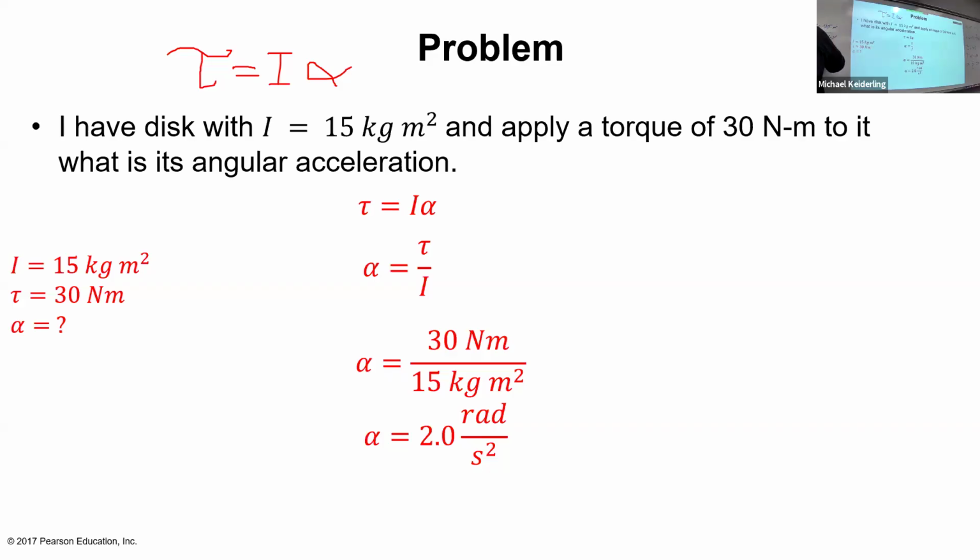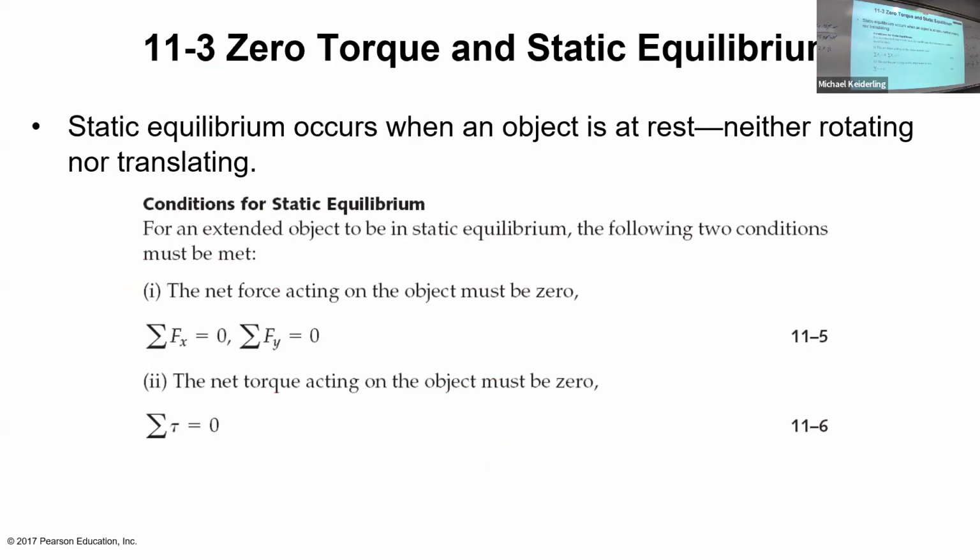The kilograms cancel, the meters cancel, and you're left with 2 times 1 over second squared, which is radians per second squared, because remember, radians are unitless. So that was torque and its relationship to acceleration.